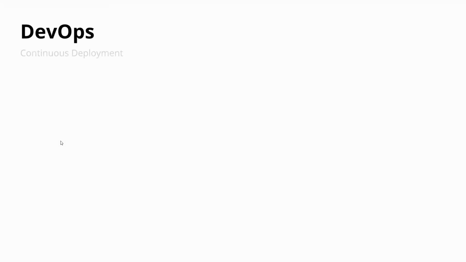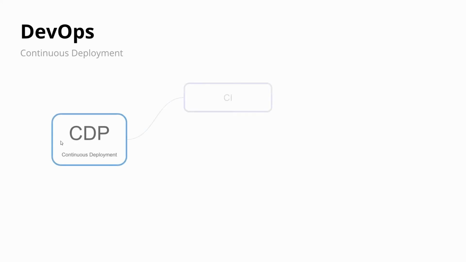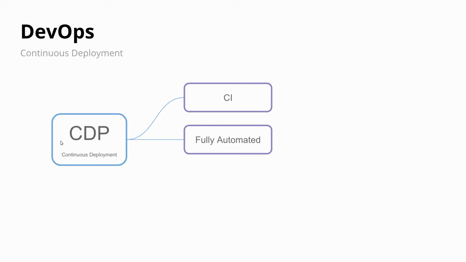The next step in the DevOps chain of events is continuous deployment. When we talk about continuous deployment, we're talking about a fully automated process. Of course, it depends on continuous integration first. But the main difference between continuous delivery and continuous deployment is that the latter is fully automated, which means that there is no human factor in between.